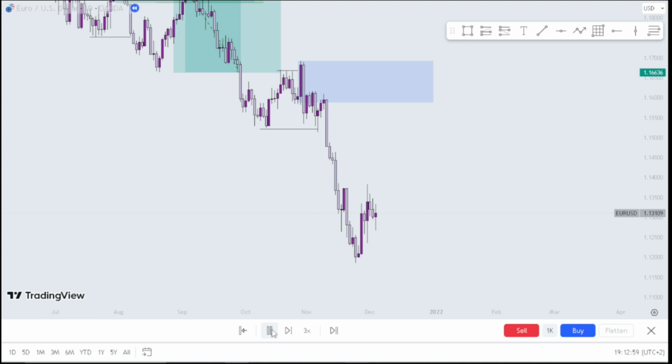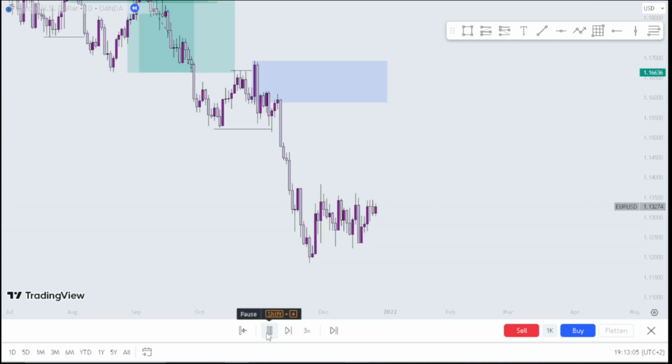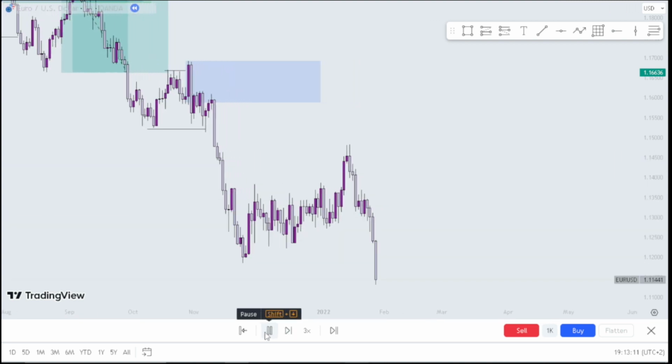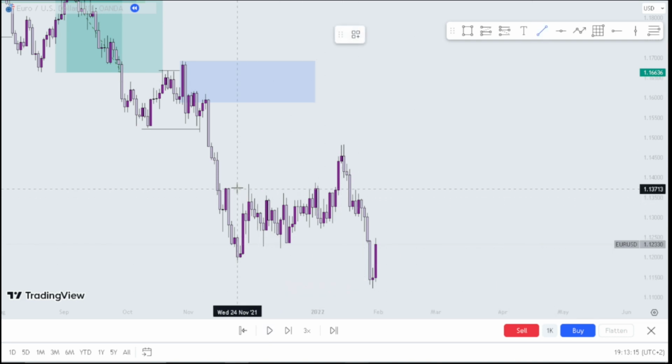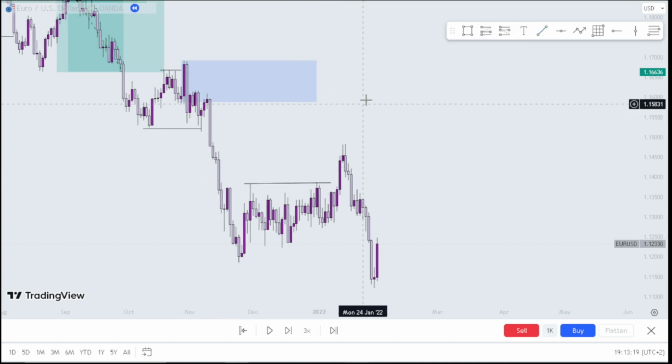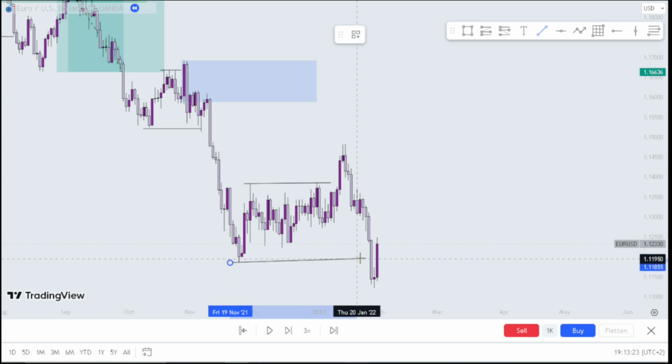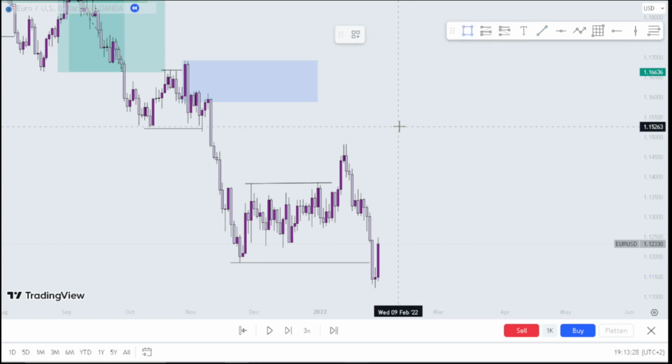So let's continue. Okay, if you look here, you'll realize that we created liquidity, we took out the liquidity, then went down and took out this low as well. So we can mark out our order block, the last up candle before the down.